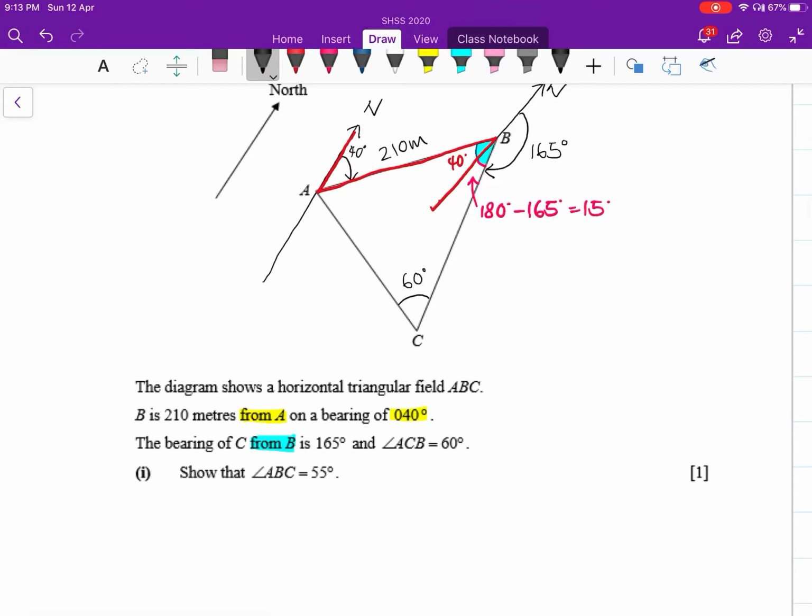So angle ABC, to present our answers, I shall name this point D. So angle ABD is equals to 40 degrees.